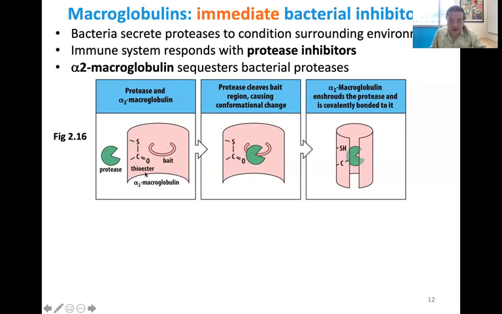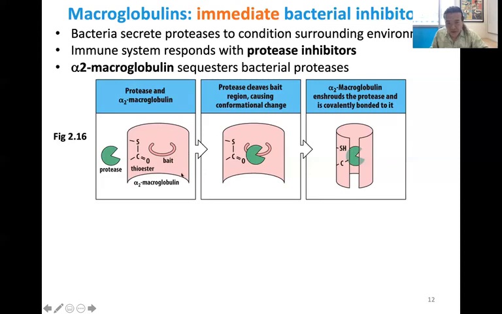The structure of the macroglobulin has two important features in it. One is that it has a thioester bond, just like a complement protein, that's ready to form a strong covalent bond with some other target. But this thioester bond is currently hidden within the inactive macroglobulin. The other part that's important is this bait region.